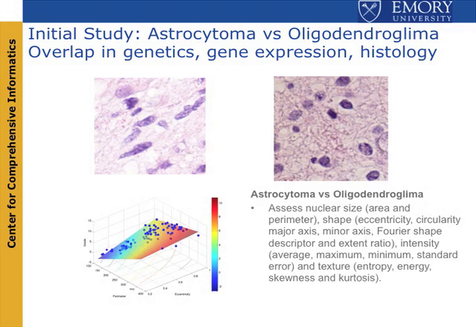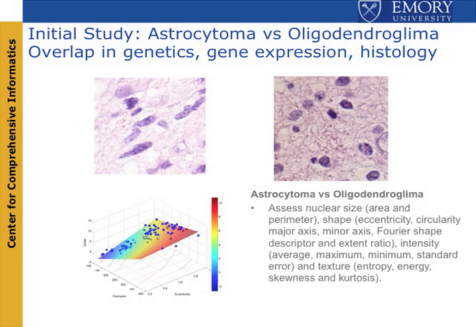The answer turns out to be no, although there do seem to be some molecular differences we found. But as an early exercise, we extracted these nuclei, and then Dan and his collaborators labeled a whole bunch of nuclei, several thousand, as to degree of oligo versus astroness, and then we fit it.